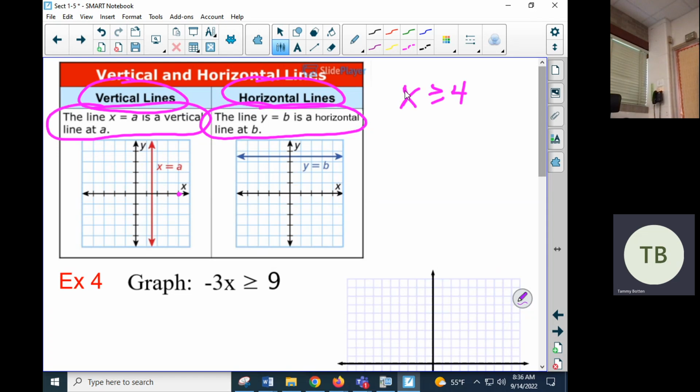So when you have x equals, it's always going to be a vertical line. When you have y equals, it's always going to be a horizontal line.